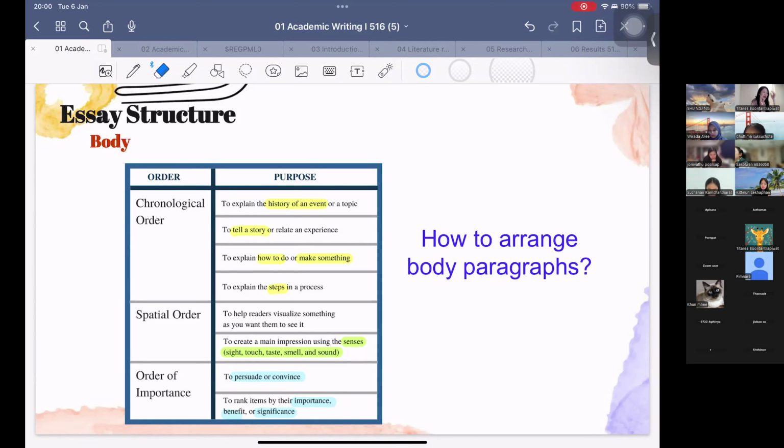Because at the end of the day, I would say there's no perfect answer for how to arrange the information, because it definitely depends on the information, on the topic you're going to write about, and on the controlling ideas. So this is something you, as the author, need to decide.